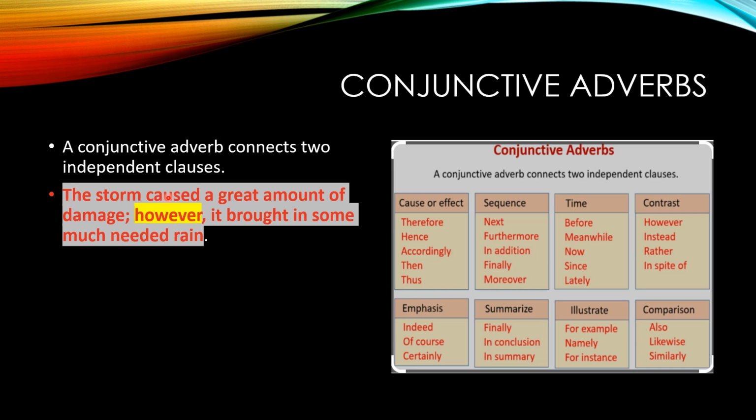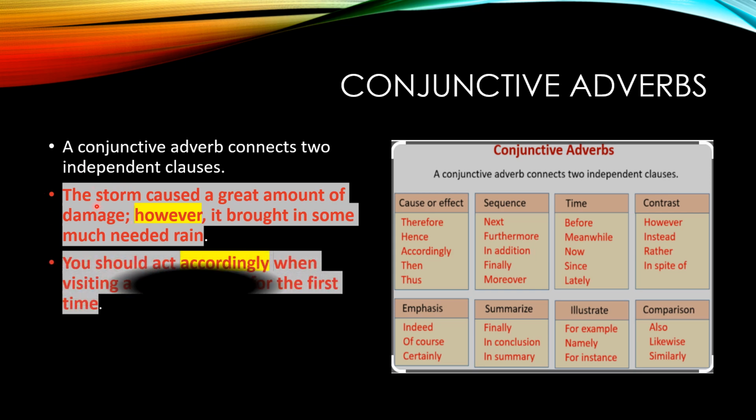One is the storm caused a great amount of damage, and the other is it brought in some much needed rain. So these are two different sentences and they are not dependent on each other. So we can say they are independent clauses. So I am using however to join these two independent clauses. So I hope you get it now.